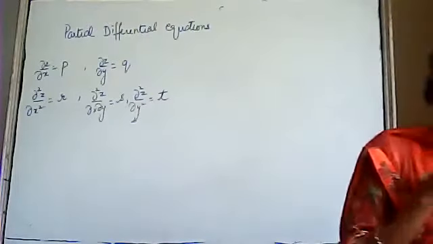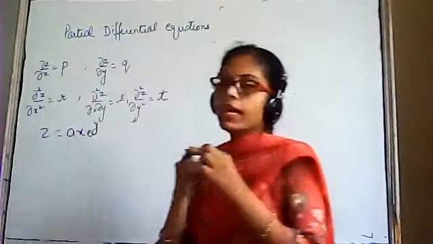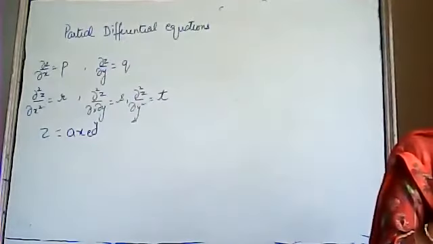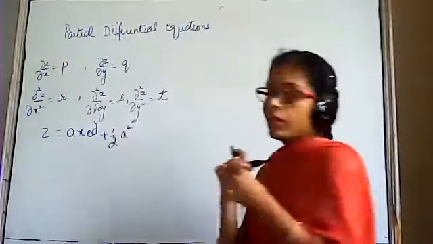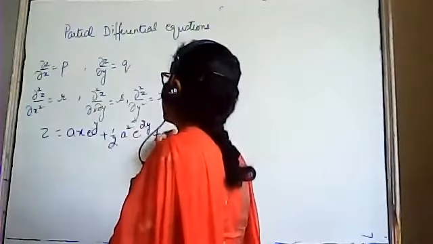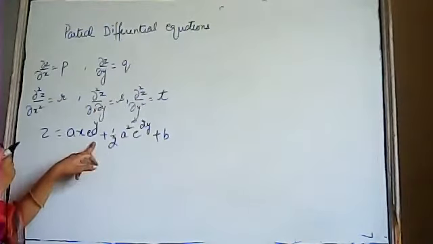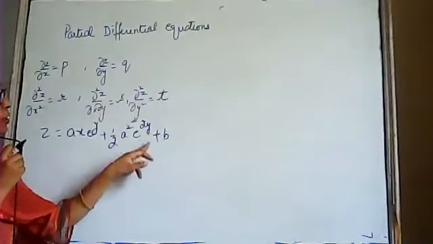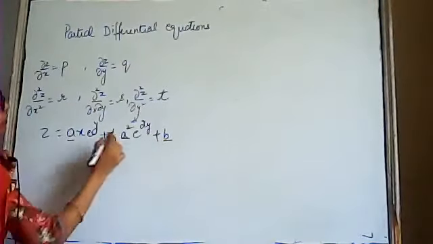Equation is z equals a x e^y plus 1/2 a² e^(2y) plus b. We have to eliminate these constants, this a and b.